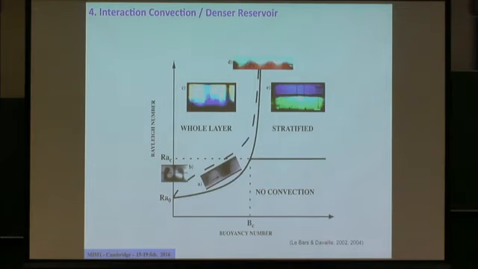Close to the critical state, we have an interesting regime with oscillation, so that we can have really big deformation of the interface and traveling wave, or even oscillatory motions. And then for higher Rayleigh number, we're going to combine those oscillatory motions with the other thermal modes in the system.